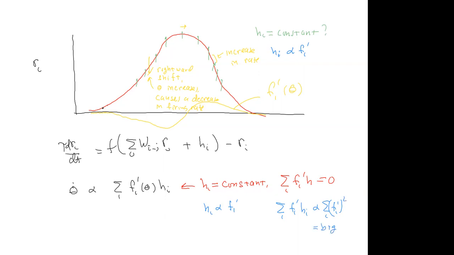So you really want hi pushing up in the front of the hill and down on the back of the hill. And that moves it. If you want to go the other direction, you push up in the back of the hill and down in the front of the hill. So if you push up here and down here, you move to the right. You push up here and down here, you move to the left.